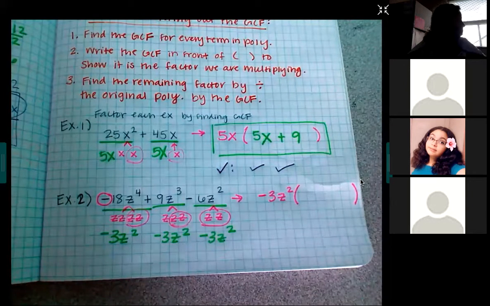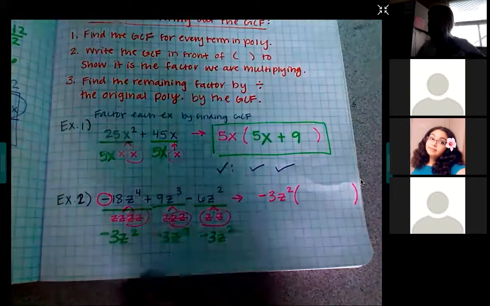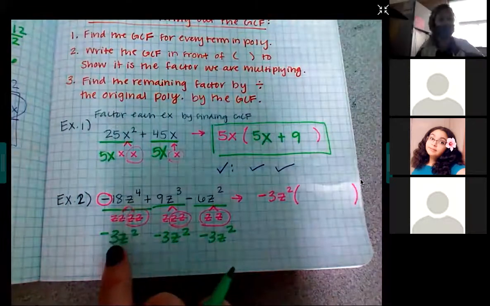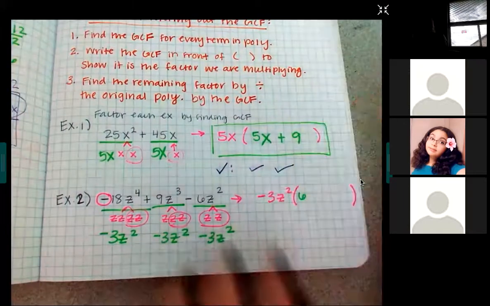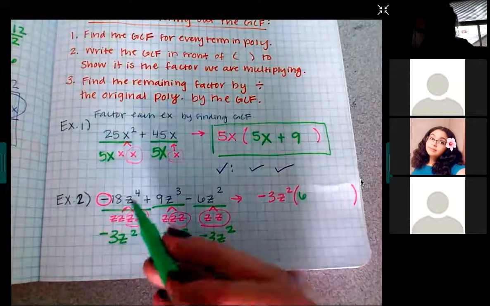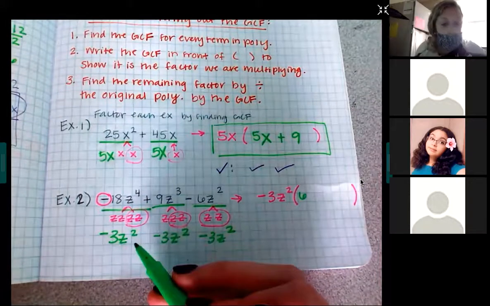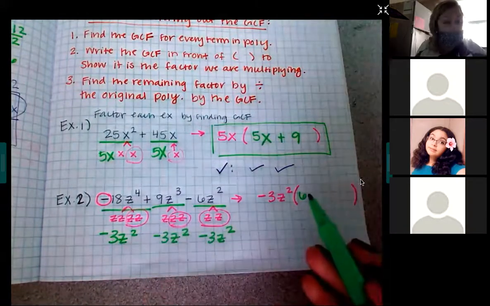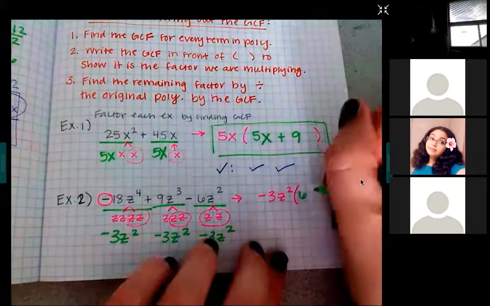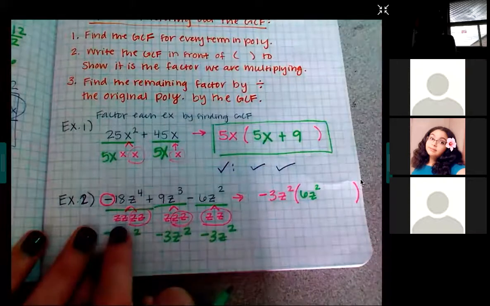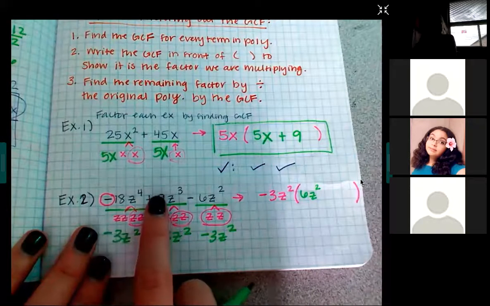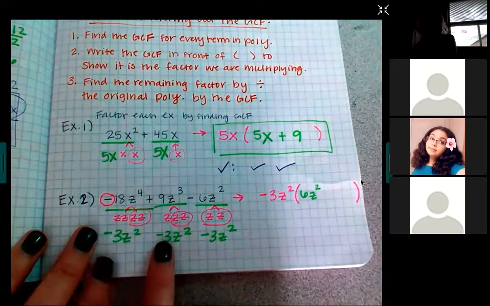Okay? That's fine. What's negative 18 divided by negative 3? 6. Okay. If I had 4 z's and I take out 2, how many would be left? 2. Very good. And y'all, you can check yourself too by looking at how many you didn't circle. What's positive 9 divided by negative 3?